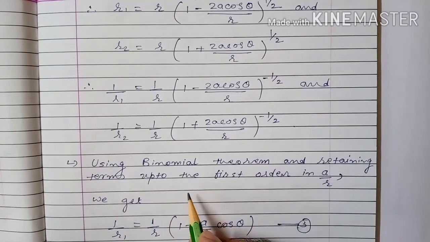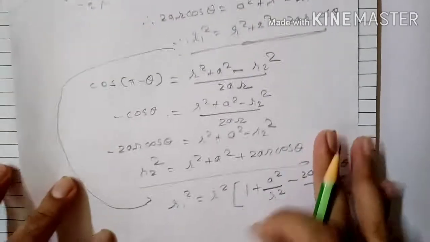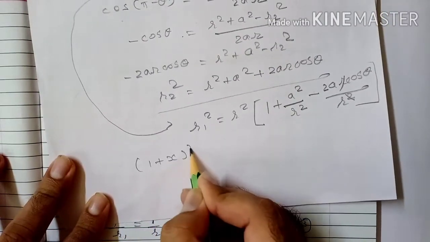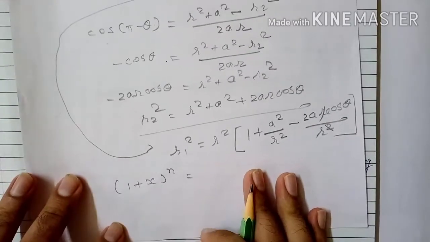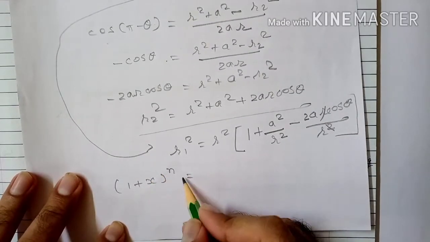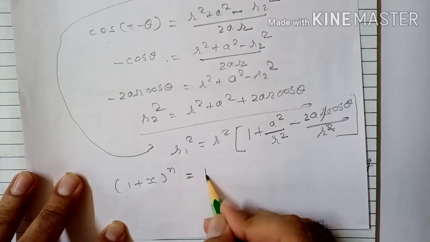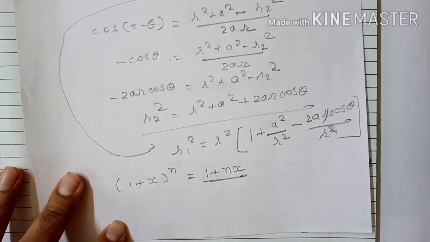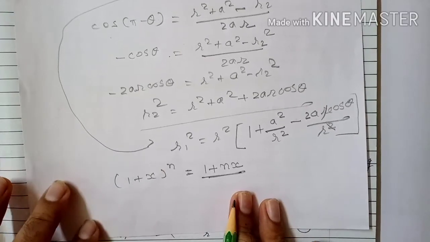It means here, if the expression is like (1 plus x) raised to n, then writing only the first two terms using the binomial expansion, it is 1 plus nx. This is the expansion of the bracket (1 plus x) raised to n.